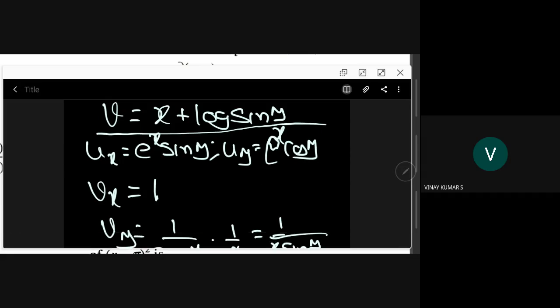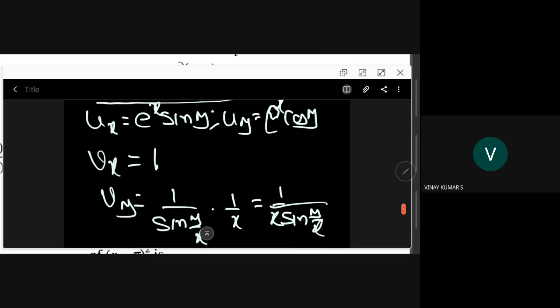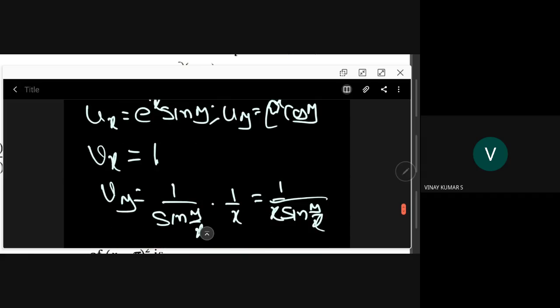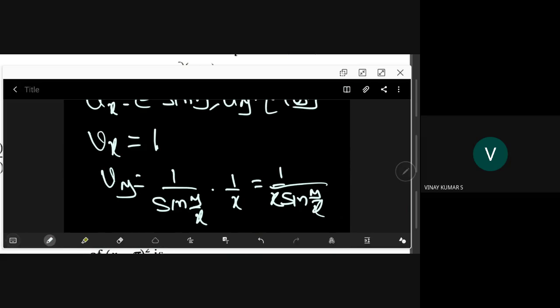And here Vy means, yeah, here only Vy will come. So 1 by sine y into cos y. 1 by sine y into sine y, its derivative is cos y.